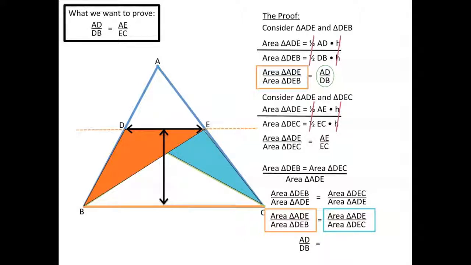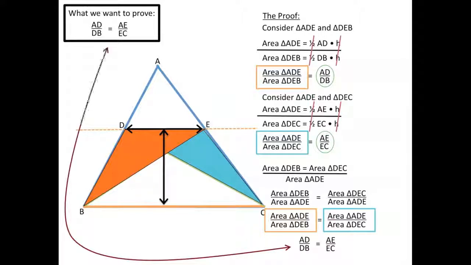Plus, if we look at the other side of the equation, this is the same thing as what we showed earlier, and we see that that's also equal to AE over EC. So now we have the proportion AD over DB is equal to AE over EC.